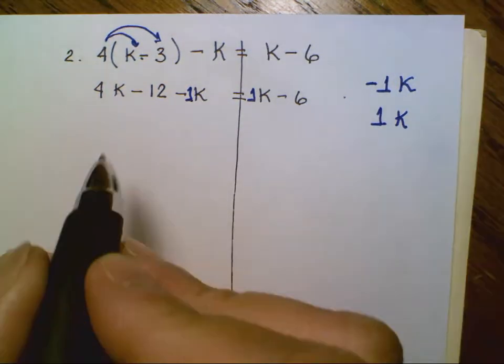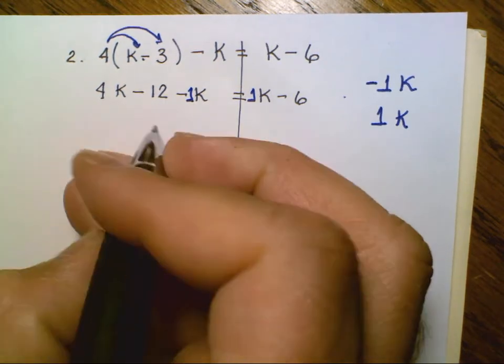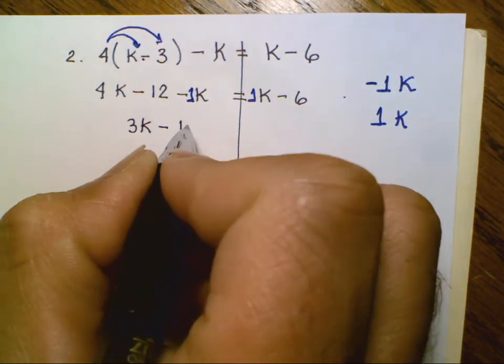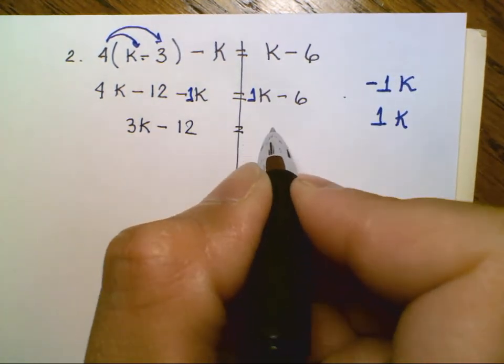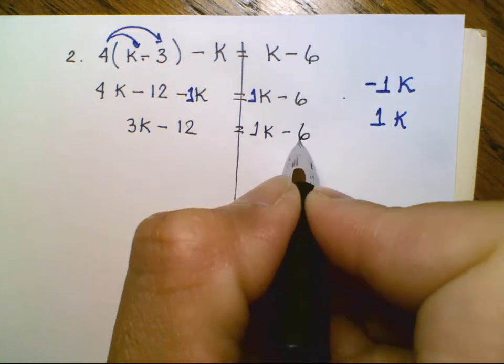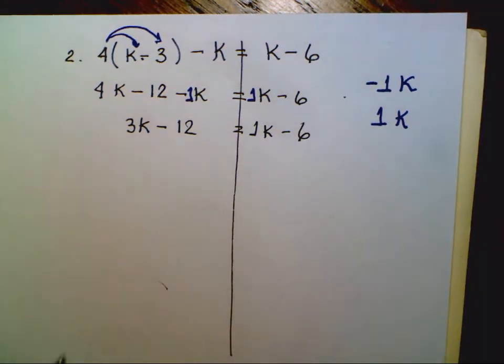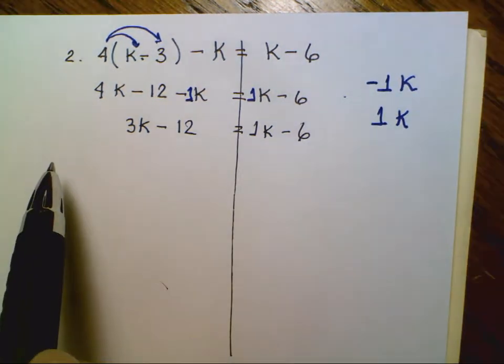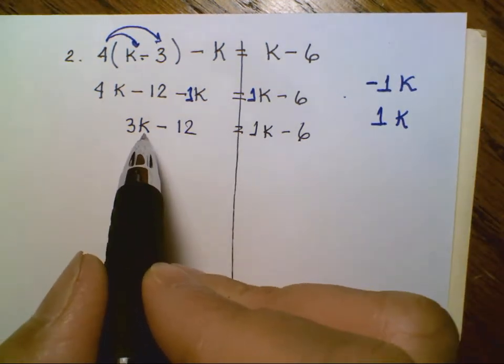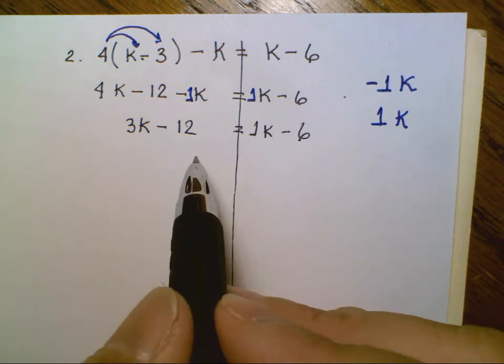So let's simplify. 4 minus 1 is equal to 3k minus 12 is equal to 1k minus 6. Now we're in the same situation as problem number 1, where I have a variable in the right side, a variable in the left side. So you need to decide where that variable is going.